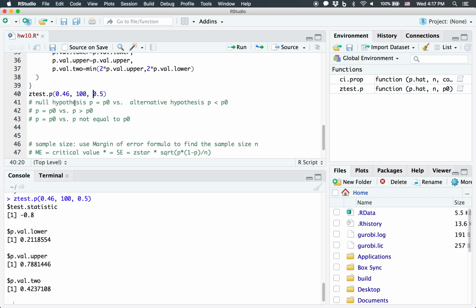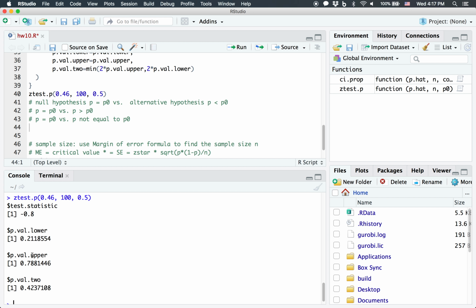If we set up our hypothesis test this way, we look at the p-value lower. If we set up our alternative hypothesis this way, we look at this value. And if we set up our alternative hypothesis this way, not equal to p naught, we look at this value.